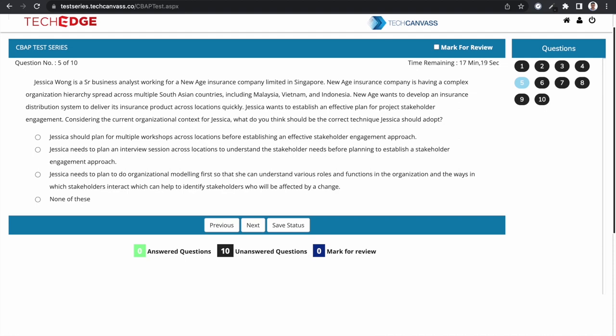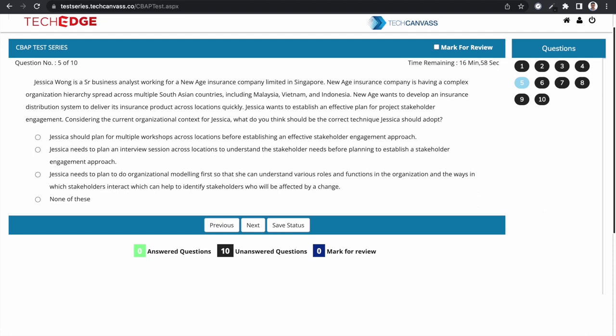It says Jessica Wong is a senior business analyst working for a new age insurance company limited in Singapore. New Age Insurance Company has a complex organization hierarchy spread across multiple South Asian countries, including Malaysia, Vietnam, and Indonesia.